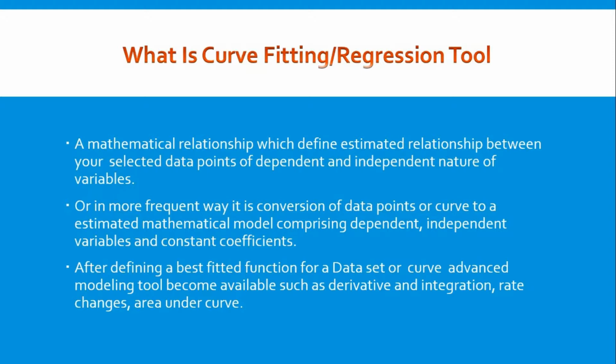After defining a best fitted function for a dataset or curve, advanced modeling tools become available such as derivative and integration, rate of change, and area under the curve. After applying the curve fitting tool to any curve or data, when we get a mathematical model, we can apply post-processing techniques.